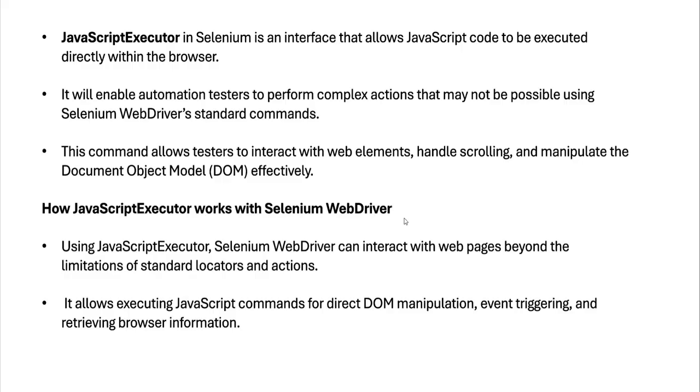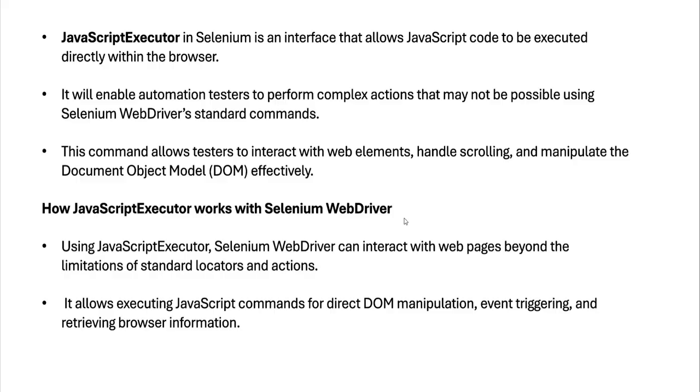With the help of the JavaScript executor, you can interact with the browser directly. It enables automation testers to perform complex actions. Suppose you are writing code in Selenium, and there is a checkbox or an input box that you want to interact with, but with Selenium it is not working.